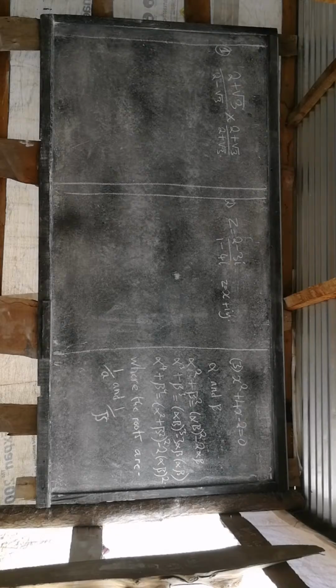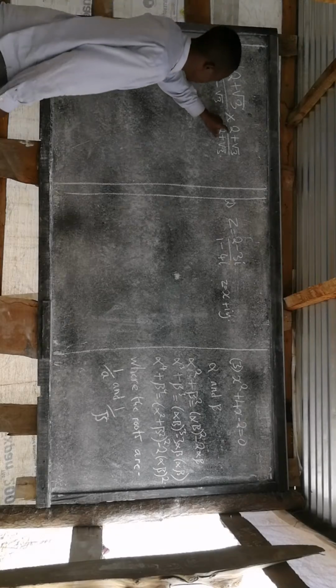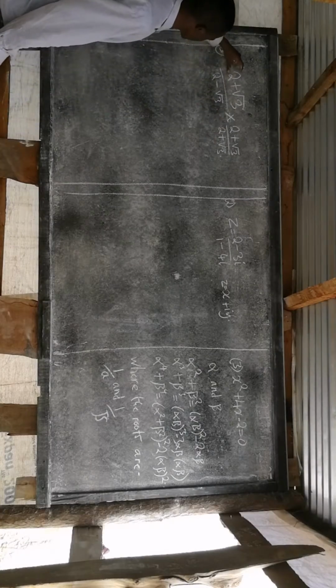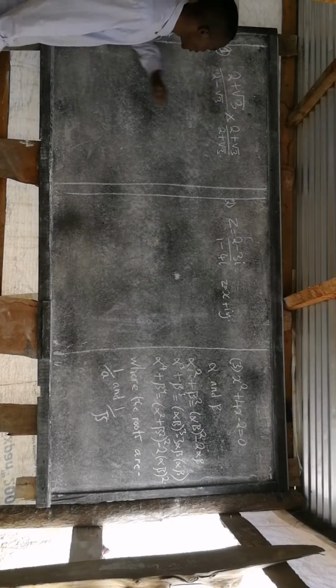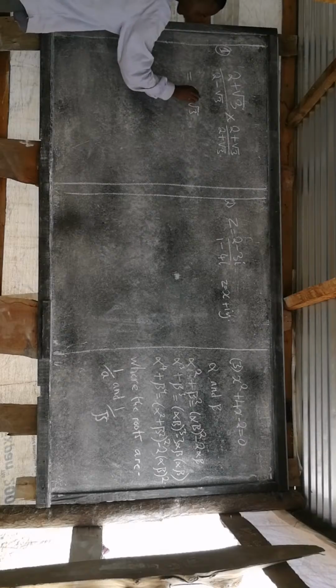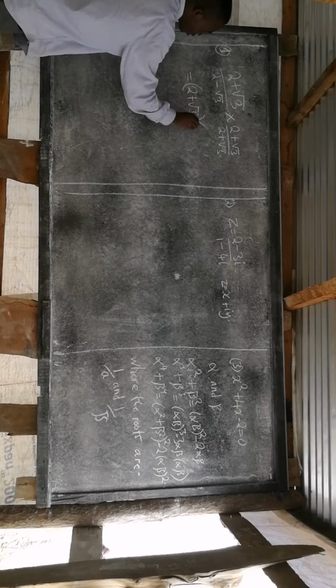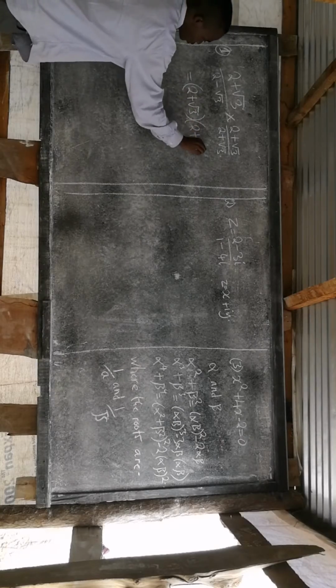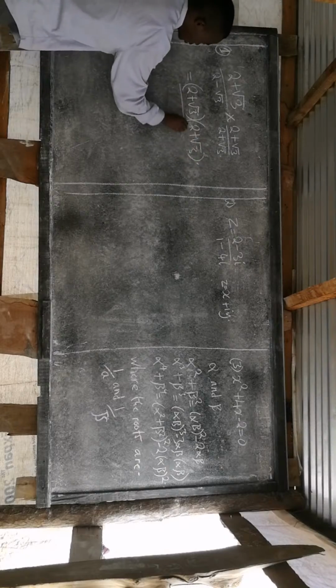Yes. So when you look at this, you multiply by 2 plus the root of 3, even here 2 plus the root of 3. That's what it will give you.